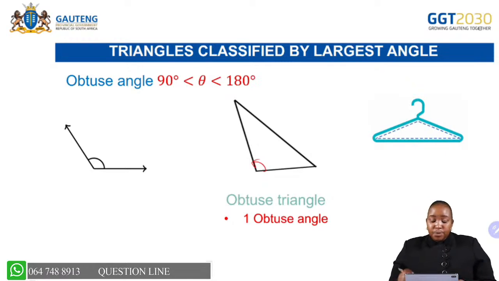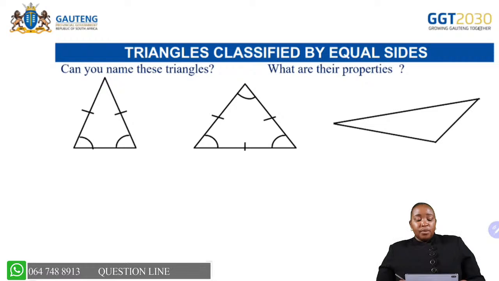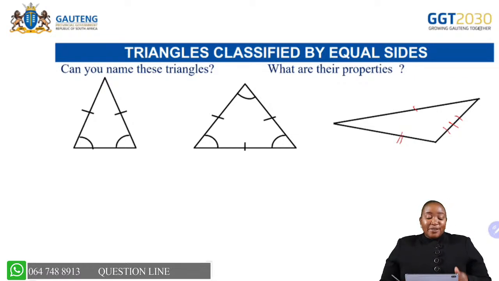All right. Okay, right, we have three triangles here. Let me just put symbols for this one. All right. Okay, now they have symbols on all of them. Now, with these three, can you please name these triangles? Just raise your hand in class and name the three triangles.